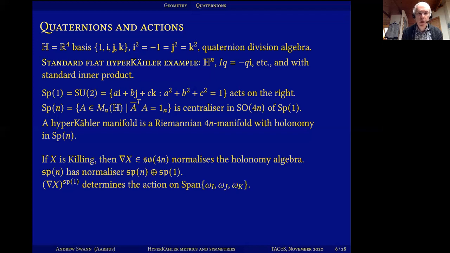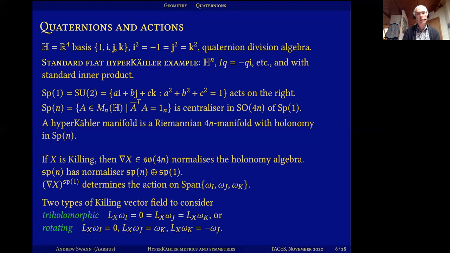The Sp1 part of this covariant derivative is easy to identify. It's just the induced action on the three-dimensional space spanned by omega I, omega J, and omega K, the three symplectic forms. So this action is isometric there and so on.